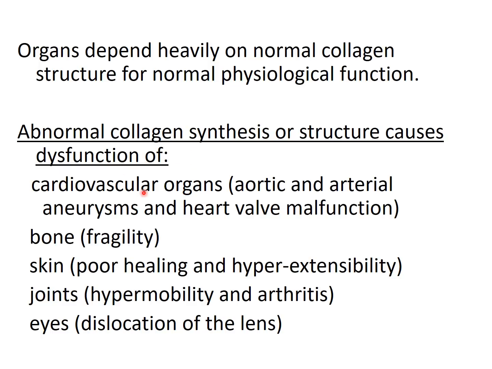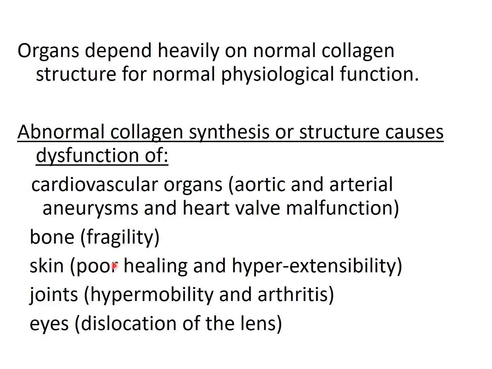For example, if there is a problem with collagen in cardiovascular organs, then aneurysm, heart valve problems, etc. can happen. In bone, where you remember 90% of the dry weight is collagen, bone fragility is one of the early signs that there is something wrong with the collagen structure.